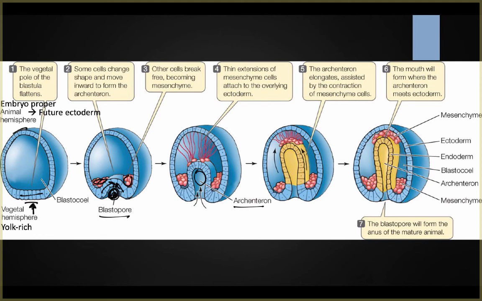So they're breaking free and starting to become this particular layer. And at the top here, you even have some of them, and they're starting to create these thin extensions to attach to the ectoderm so that it can start contracting to help elongate that archenteron.